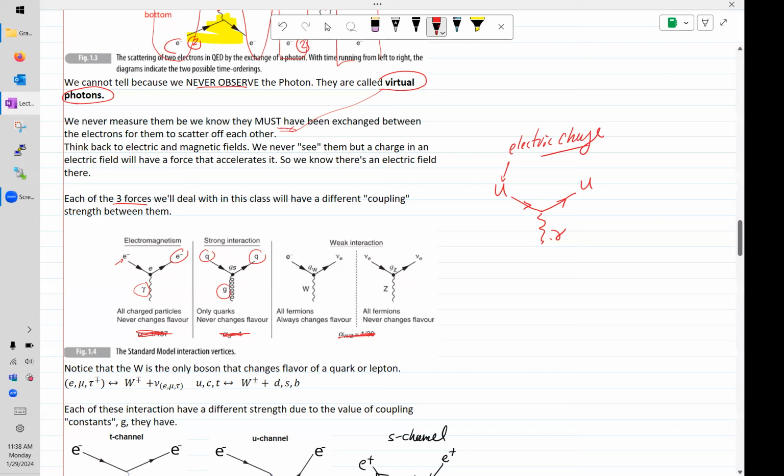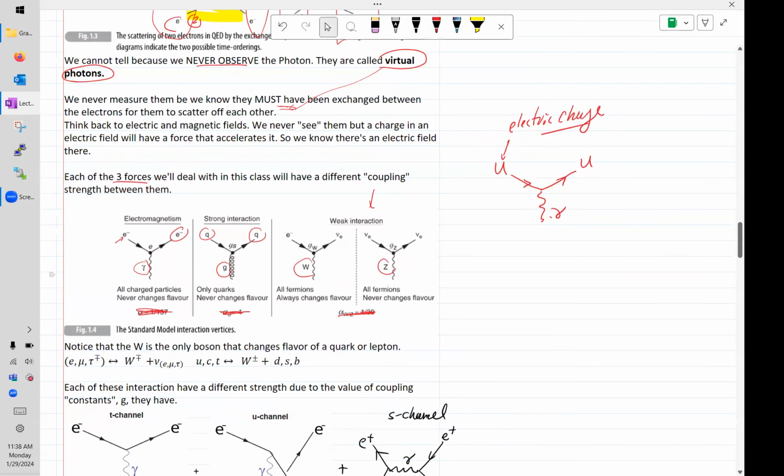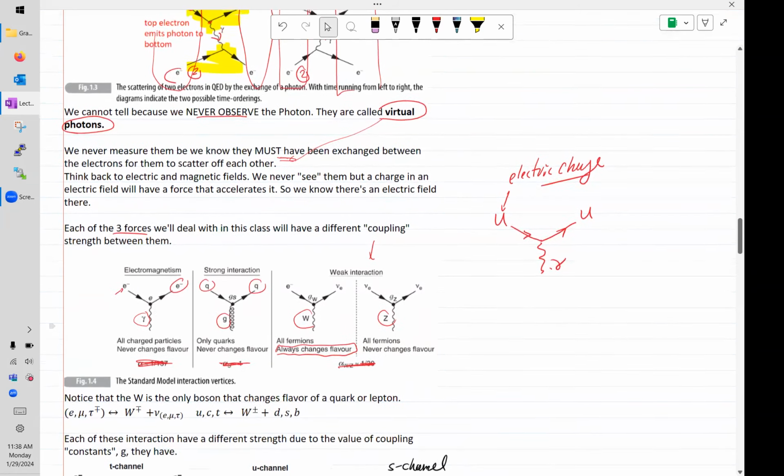The weak interaction actually has two types. There's the one that involves the W, which looks very similar, and there's the one that involves the Z boson. The W boson is special because any vertex that involves the W is always going to change the flavor of the particle. And what the hell is a flavor? Like strawberry, orange, banana, right?